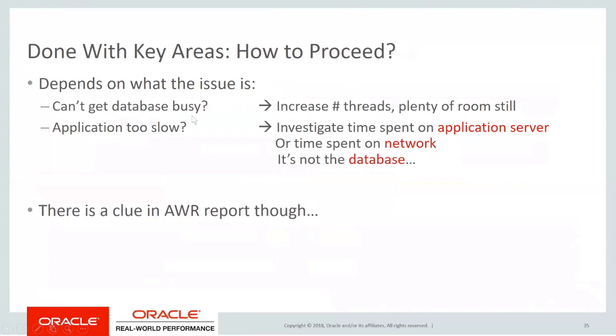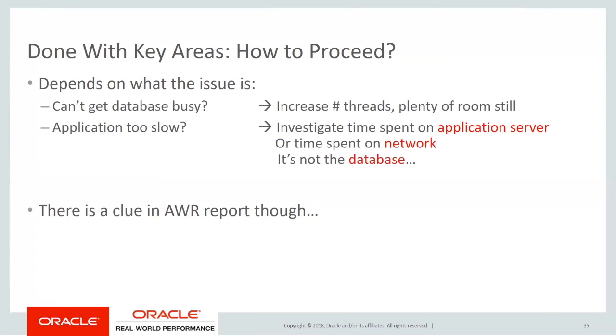Well, then increase the number of threads in your batch process because there's still plenty of room on the database server to do processing for your batch. Or is it that your batch, your application, is just too slow? Well, in that case, you need to start investigating the time spent outside the database, because the majority of the time is spent outside of the database.